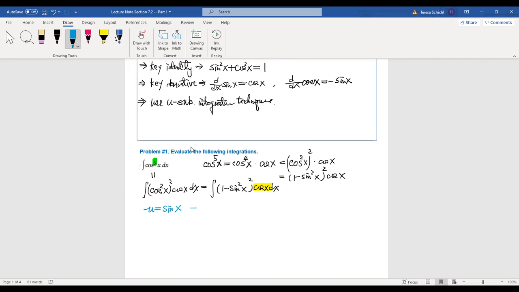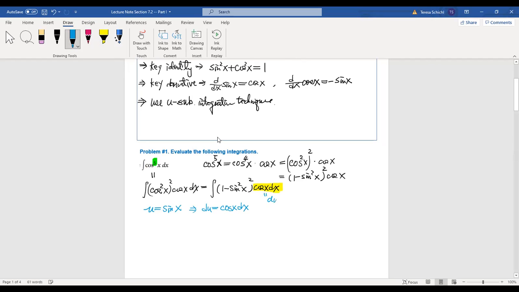So now I know what is here. So du will be equal to, you take the derivative of sine x, it's cosine x dx. So did you see here? That's where this cosine x comes out.